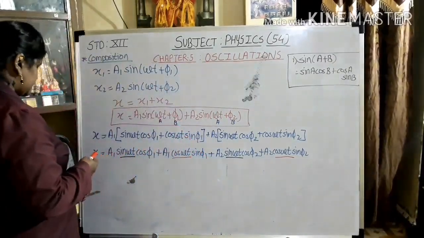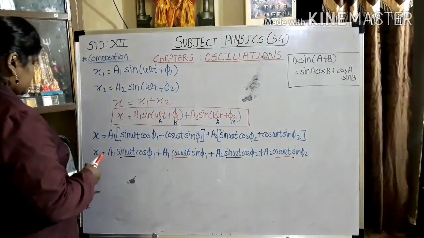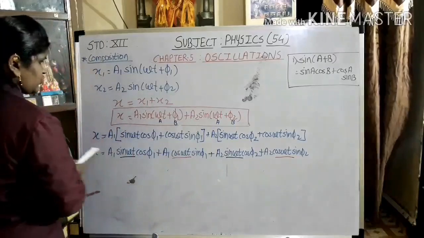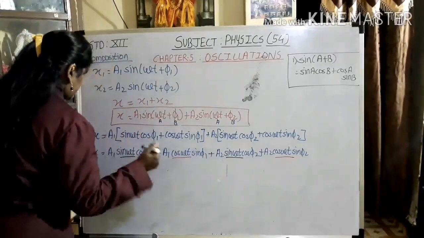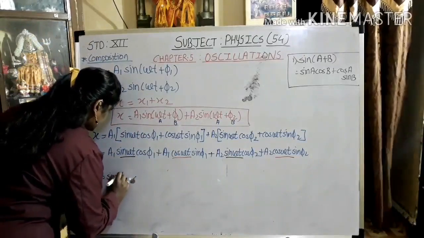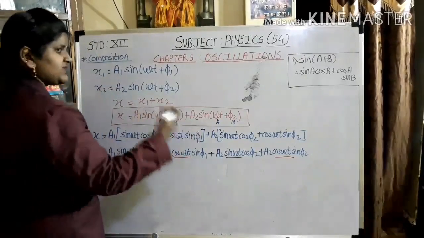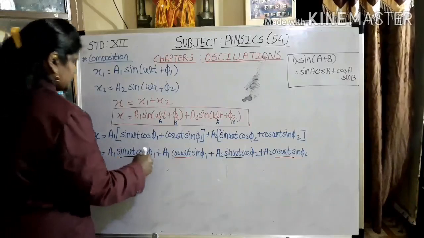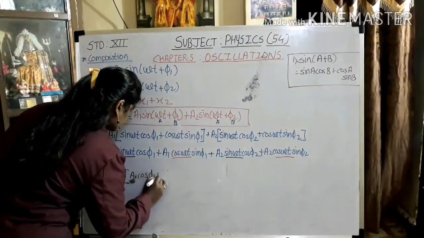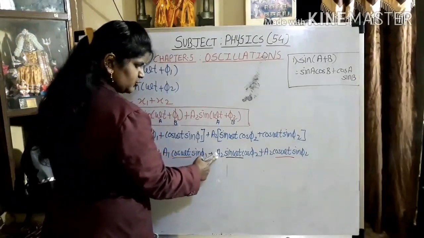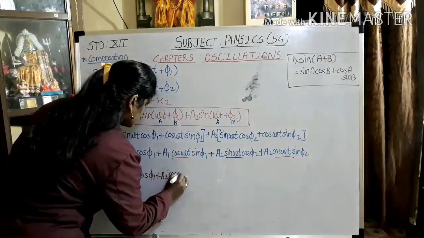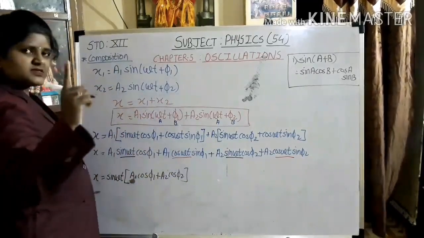So what will we get? While we are considering sin omega t is common from this term and this term, I will take out sin omega t common. So what remains in the bracket? A1 cos phi 1 plus A2 cos phi 2. So this is the first.